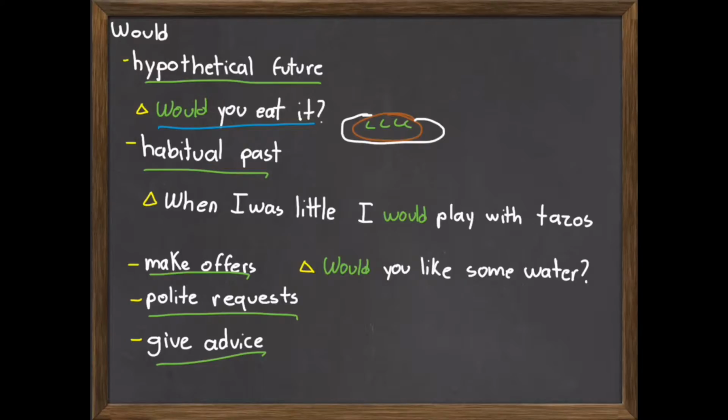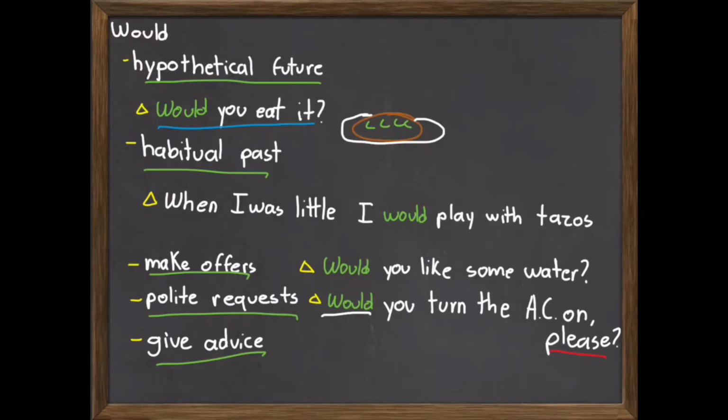Another sentence, to make requests, another use. And we can look at another example. Would you turn the AC on, please? Remember to say please after you make a polite request. Otherwise, it wouldn't be polite. But you can start it by using would. Would you turn the AC on, please?